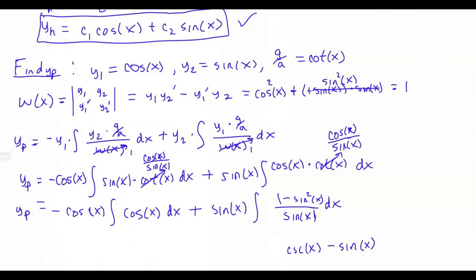And so in that form, we'll have it in a form to where we can easily integrate this, provided that we remember what these antiderivatives are. So here, let's go ahead and put this in.